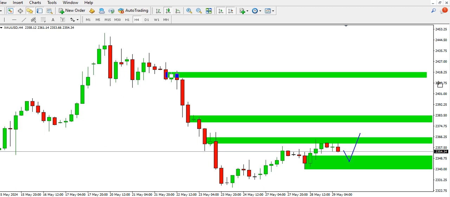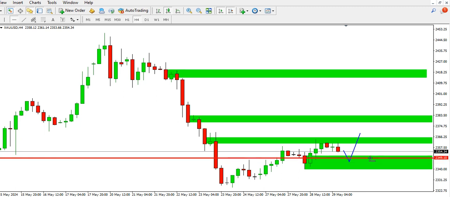So if price is going to continue up, if price is able to find support at 2350 and we see a break of this structure, price might meet with supply or find resistance at the 2380 level.